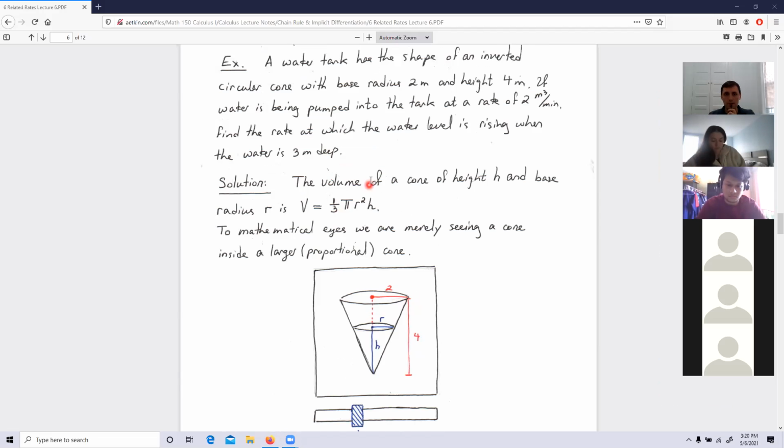This is your question. Volume is again increased at a rate of 2 cubic meters per minute. We want to know how much the depth is changing here. Do you see that we have several quantities? What changes in time? The height and the radius are changing in time, but we're only interested in how fast the height is changing when the height is 3 meters deep.